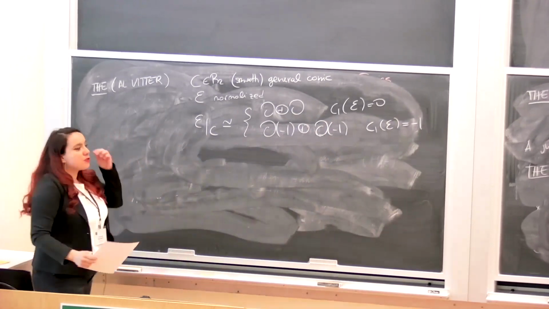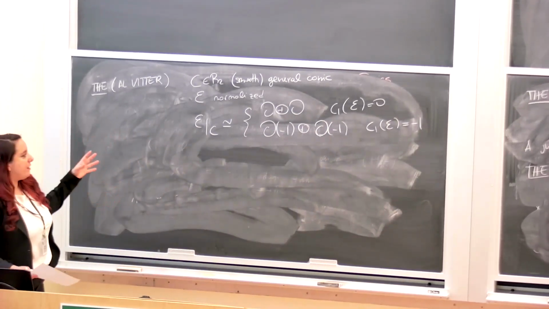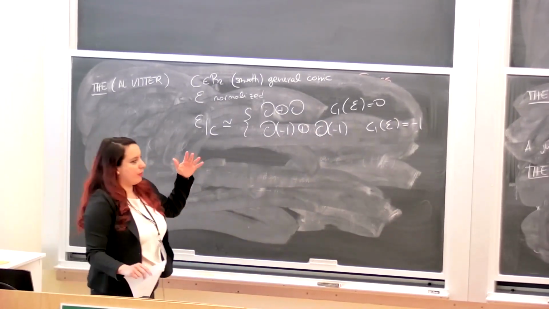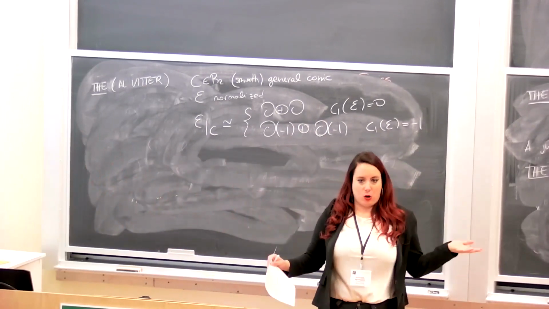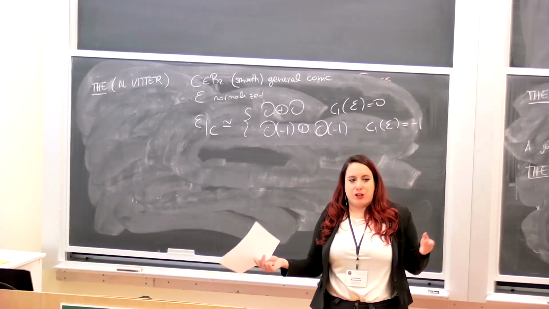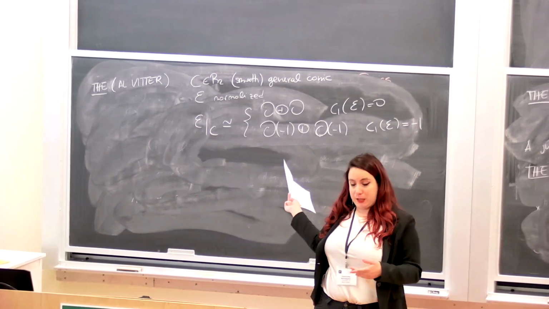So we want to check if it is the same thing for the non-Lefschetz locus of conics, that is, if every conic in the non-Lefschetz locus is a conic that splits in this way.